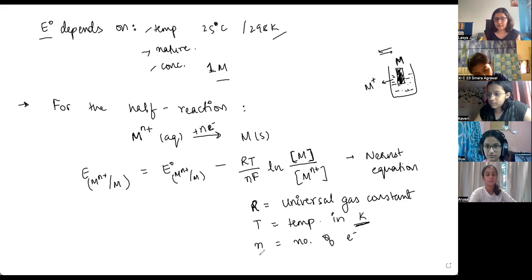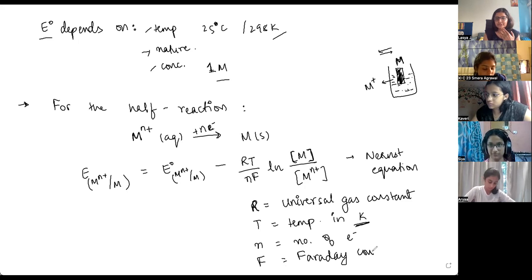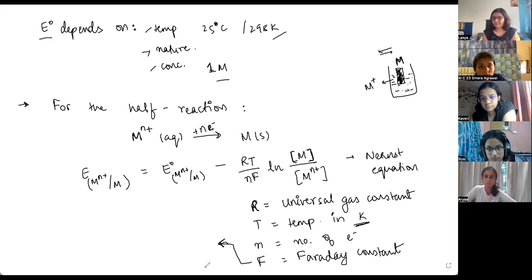Okay, F is the Faraday constant. This is another constant. Faraday constant is defined as, have you come across this? No? Okay. The Faraday constant is defined as the charge on 1 mole of protons or electrons.